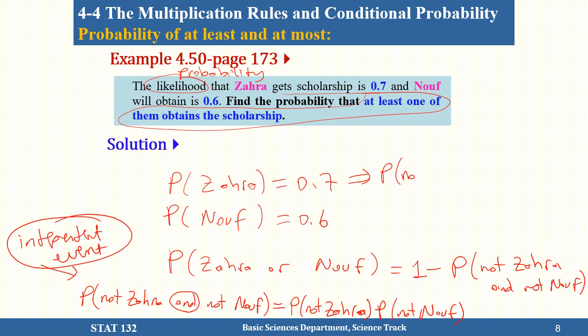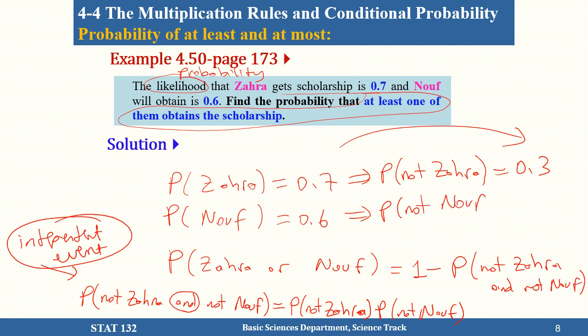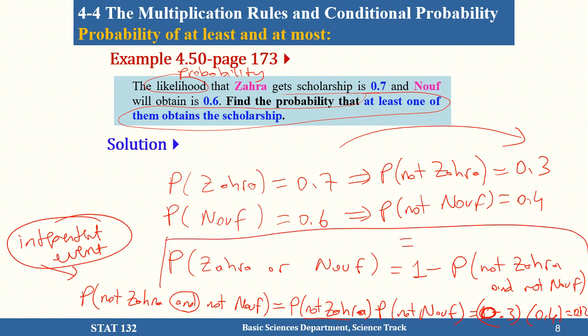The probability that Zahra will not get it is 0.3, and the probability that Nuf will not get it is 0.4. So this is 0.3 times 0.4, which makes 0.12. So we write 1 minus 0.12, which is 0.88.